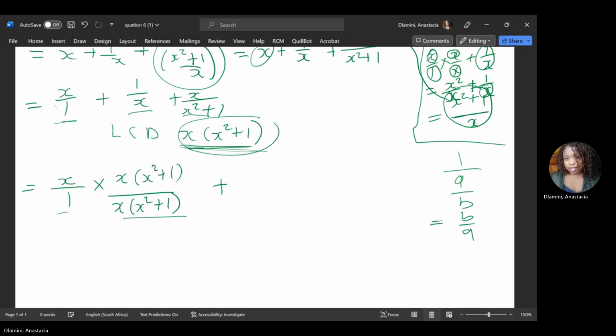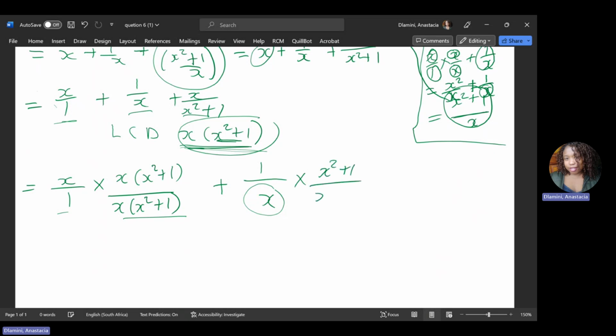Now, our second term is 1 over x. For us to get x times x squared plus 1 in the denominator, we have to multiply by only x squared plus 1. So we multiply by x squared plus 1 over x squared plus 1.